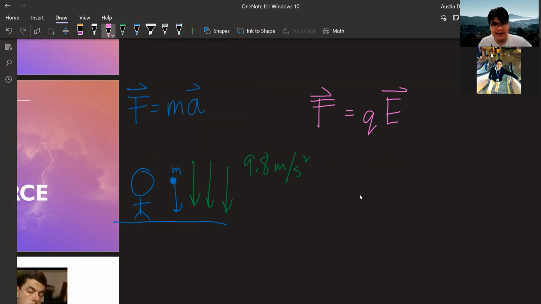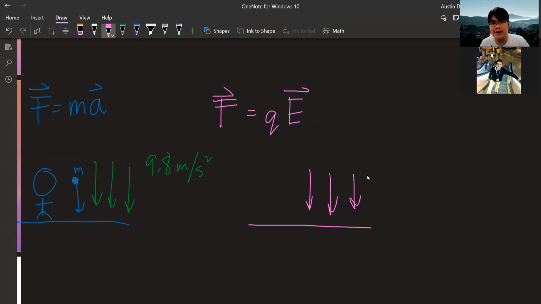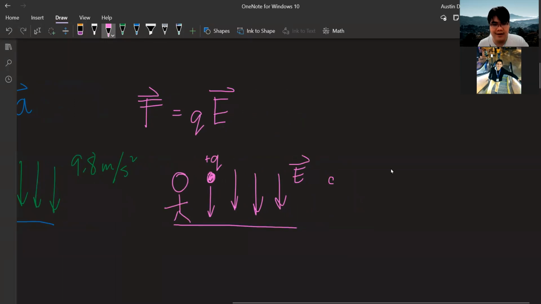Okay? So, in a similar way, if there was an electric field that's pointing downward, and you're here, and you dropped a charge Q, then if it is positive, it would just go with the flow sa electric field mo. And if it is negative, ang mangyayari, amazingly, it would go on the other way.